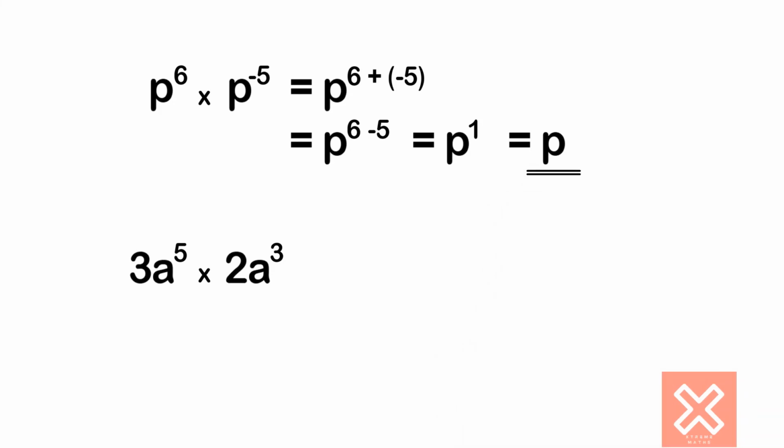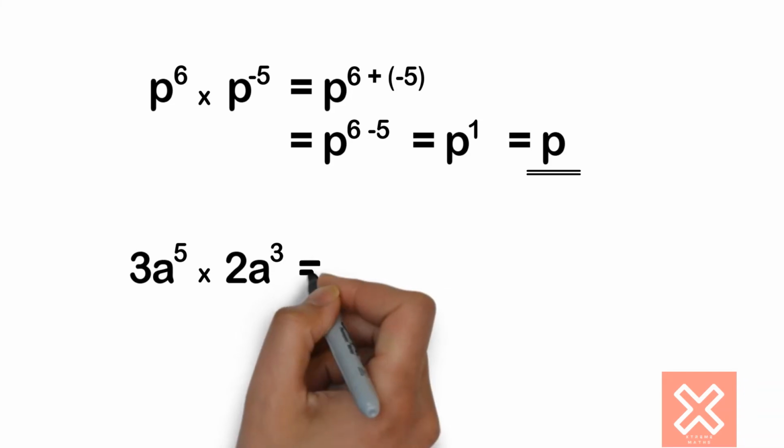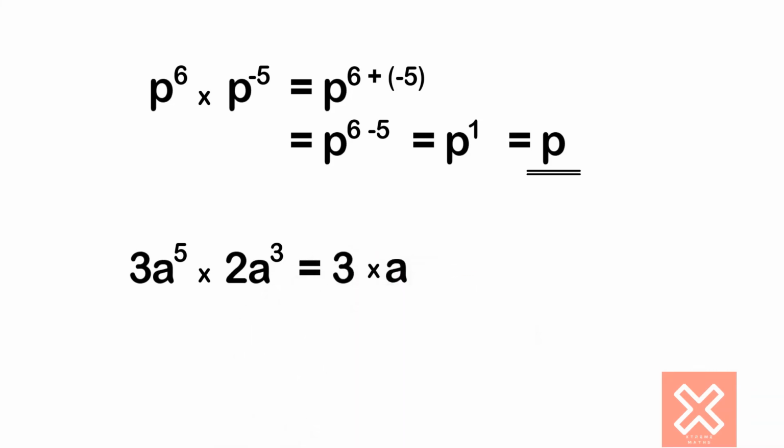Now look at this one. Here you can see the numbers as well as indices. So we can write this 3 into a to the power 5 into 2 into a to the power 3. First we have to multiply the numbers and next add the indices.